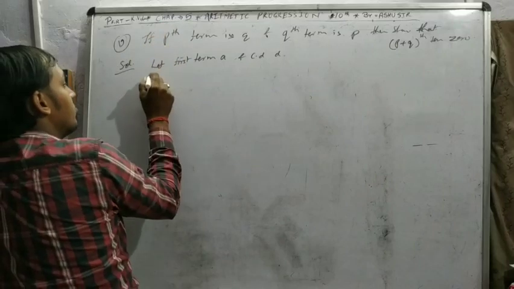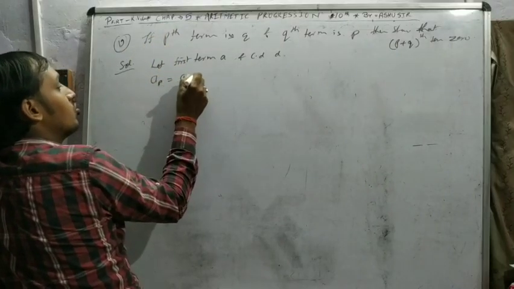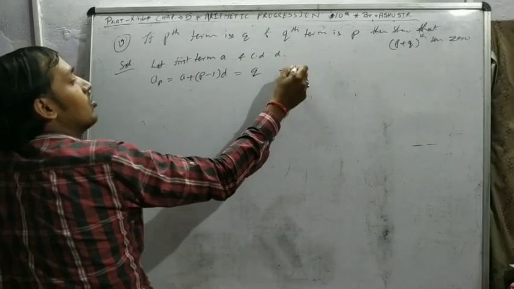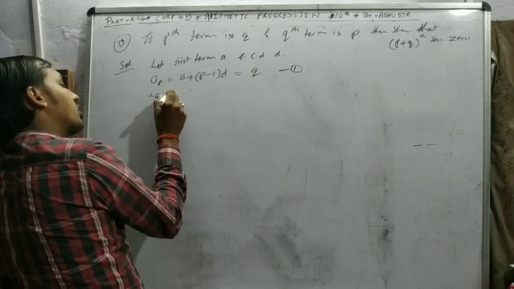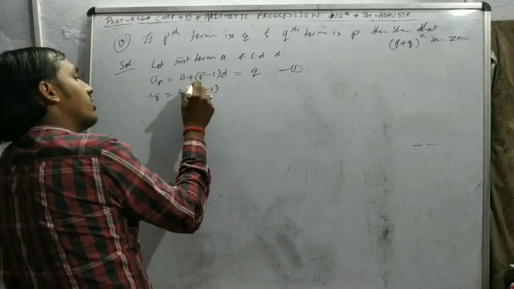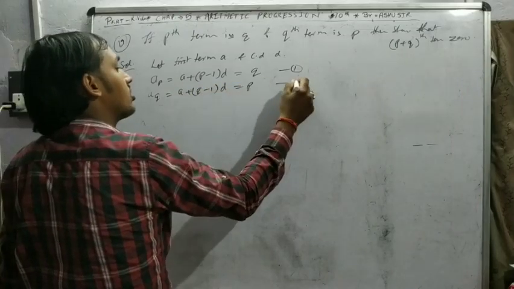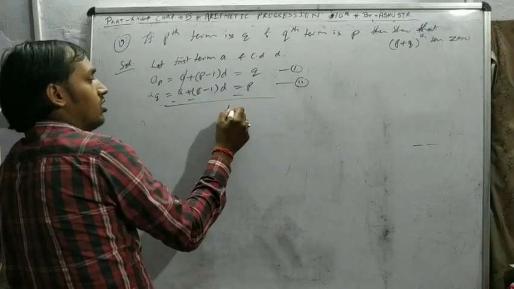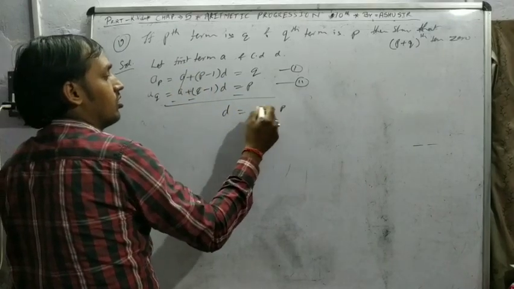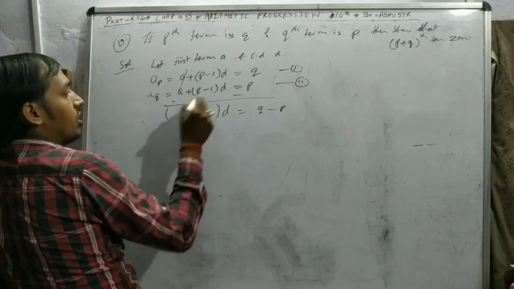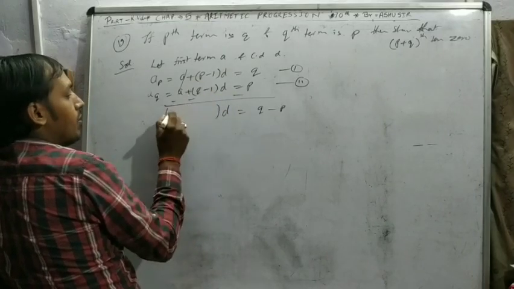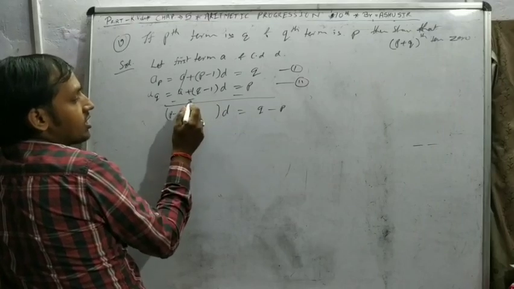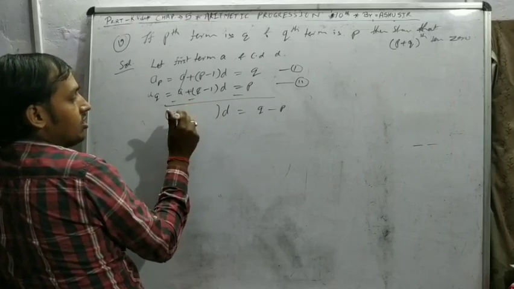So the pth term: A plus p minus 1 into D is equal to q. First. The qth term: A plus q minus 1 into D is equal to p. Second. Subtract them, and A cancels. q minus p is the same. Here D is outside, p minus 1 is the same, but the bracket has a minus sign outside, so change the bracket sign.